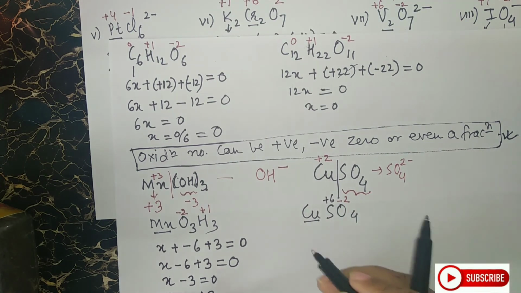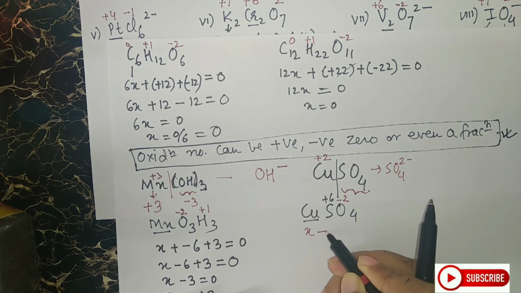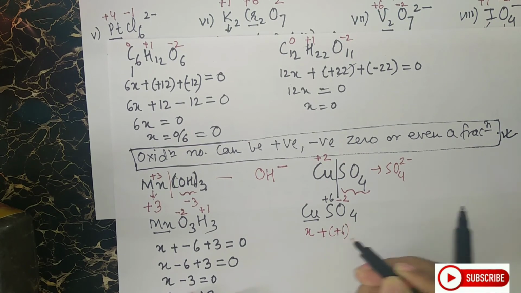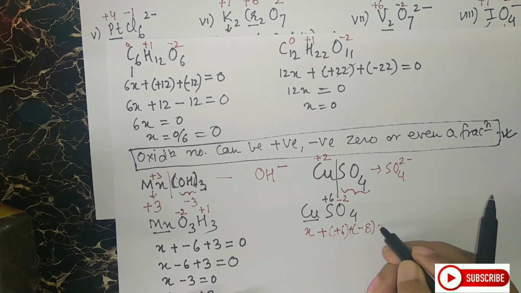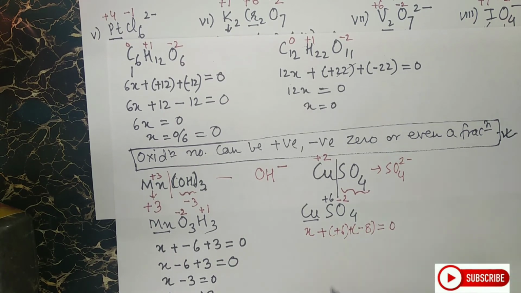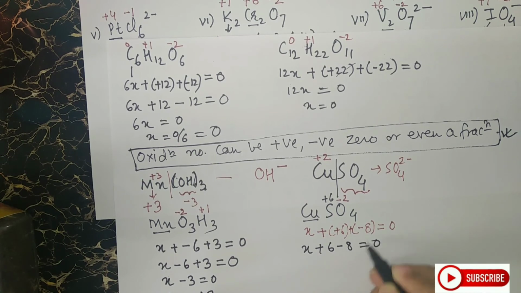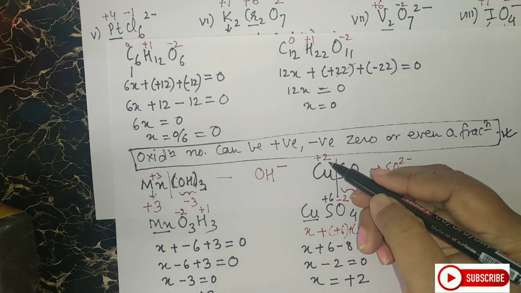So let us calculate. This will be X plus +6 plus -8. As the molecule is neutral, total will be 0. Let us do the calculation. X plus 6 minus 8 is equal to 0. So X minus 2 is 0 and X is equal to +2. This is the same as what we got here.